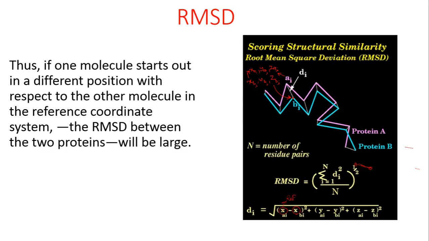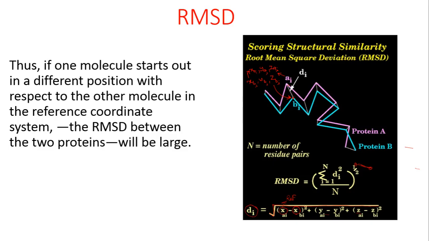After you perform this subtraction, you take the square of it, and do the same thing for the y coordinate and the z coordinate. After doing that, you take the square root of the term, and that square root is called the distance between the two atoms.